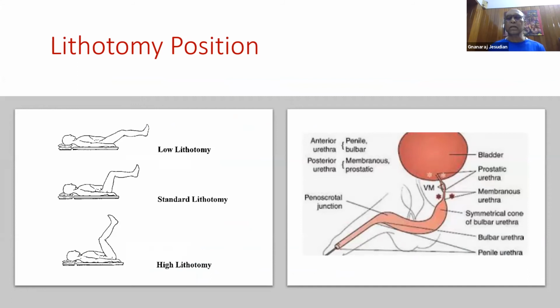This is especially important if you're doing it with the rigid cystoscope, because the urethra is a curved tube, and to pass a rigid scope, you need to make the urethra as straight as possible. So the picture on the left shows how the lithotomy position is. You can either have a low or standard or high lithotomy, and you separate the legs and try and make this urethra in a straight line.